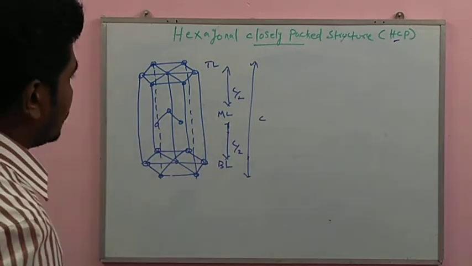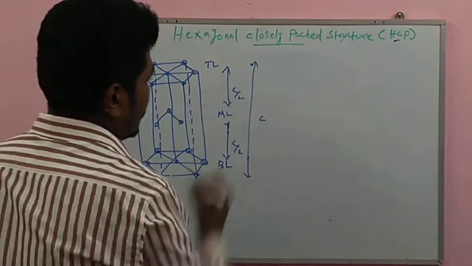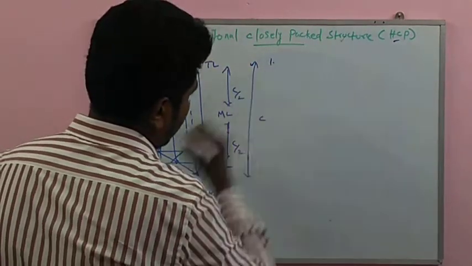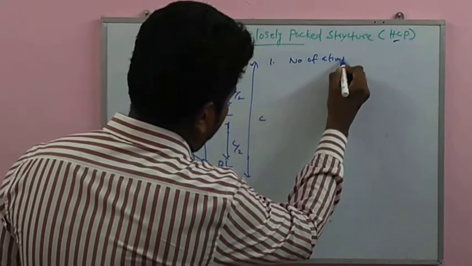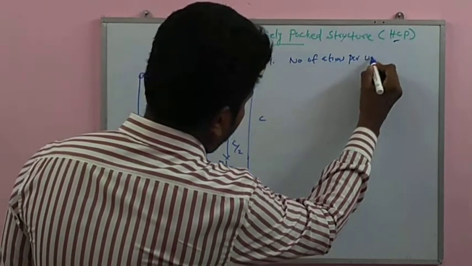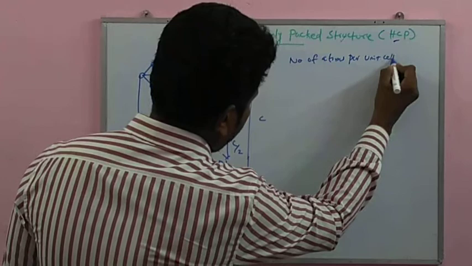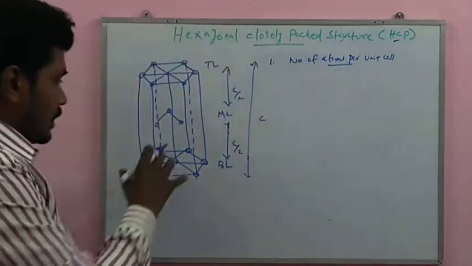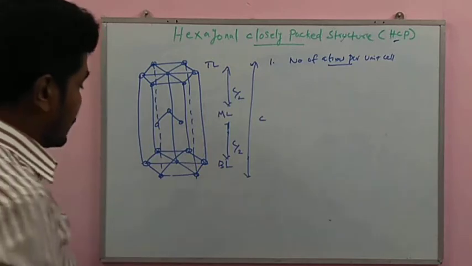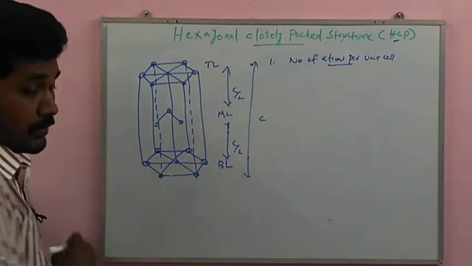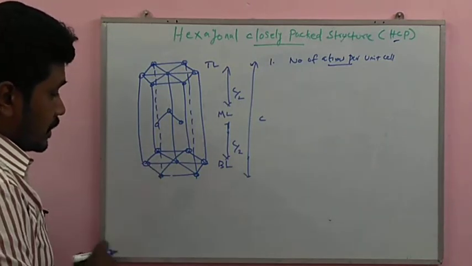So now we discuss one by one. What is the calculation of the number of atoms per unit cell? Understand? This case involves 3 types of atoms. First, calculate the corner atoms.